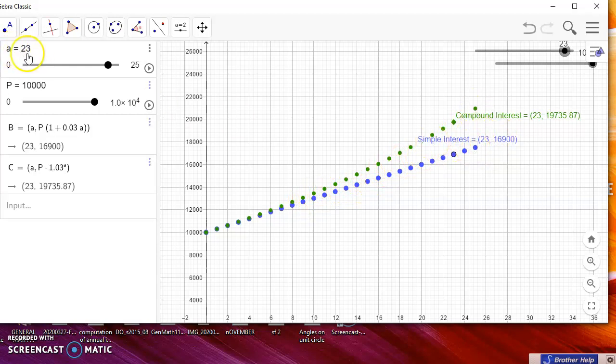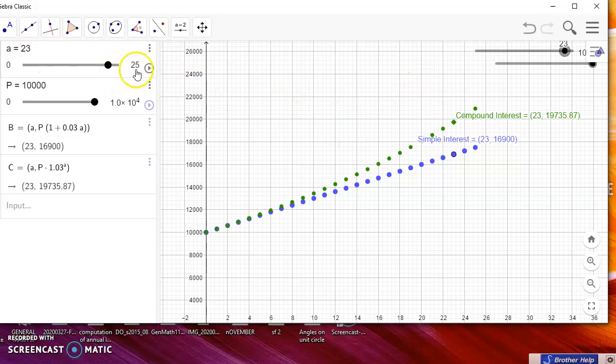At t is 23, for simple interest, the maturity value is 16,900. But for compound interest, the maturity value is 19,735.87. So nakikita natin na medyo mataas ang interest ng compound interest compared sa simple interest given the longer time.